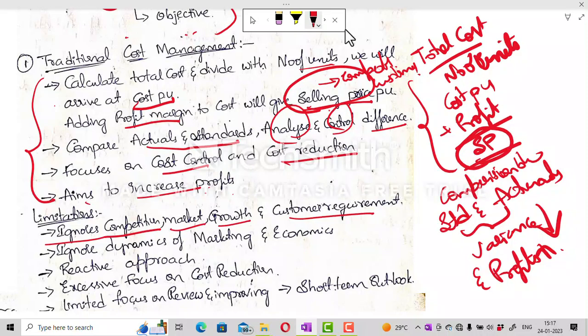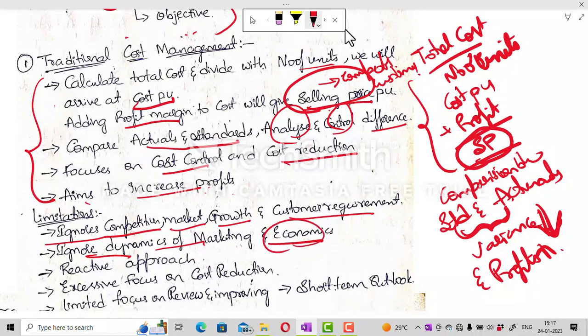Thereafter, it depends on accounting data for analyzing the standards and actuals and decreasing the variances. Because accounting data can be duplicated, erased, or edited, it is not beneficial to depend on that. It means it ignores the dynamics of marketing and economics.